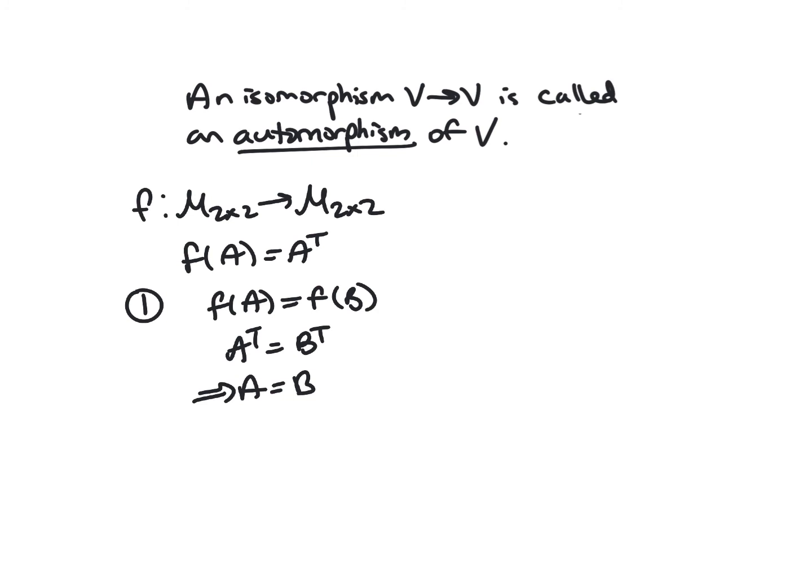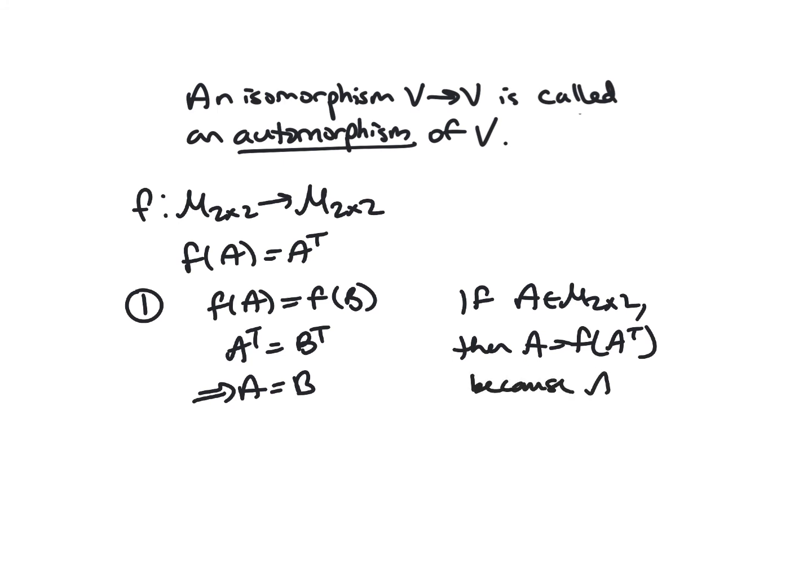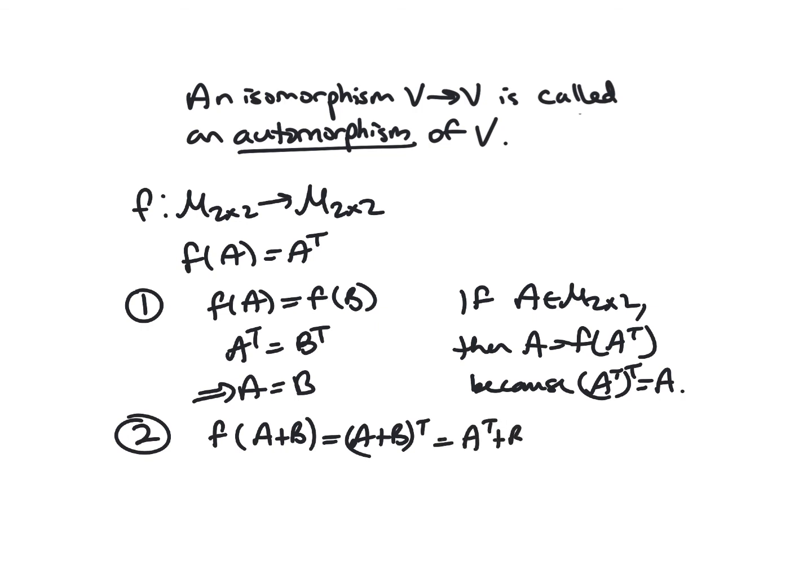And is it onto? Well, if you start with some 2 by 2 matrix A, then A is f of A transpose, because A transpose transpose is back to the original. Okay? And then showing that the properties hold, well, f of A plus B is A plus B transpose, but you proved that that was A transpose plus B transpose.